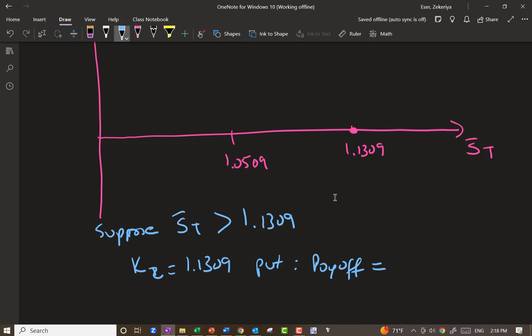Remember, a put gives you the right to sell at that price, but you don't have to sell it. So if the actual market is above that, you're not going to sell it at 1.1309. So the payoff is going to be zero.